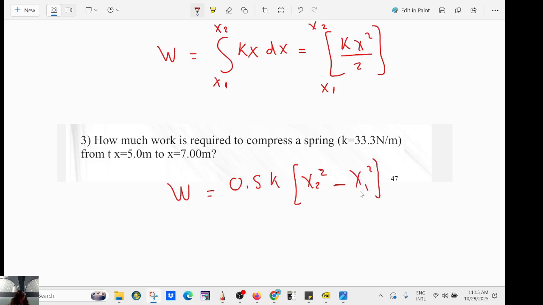You have to be careful because some students want to do x2 minus x1 and then they square. Not so. Okay, so the work done will be 0.5.